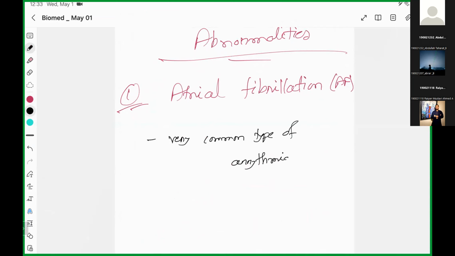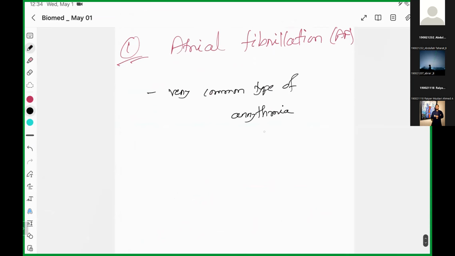What is arrhythmia? Arrhythmia means irregular rhythm, irregular heart rate or rhythm. Irregular heartbeat is called arrhythmia, and atrial fibrillation is a very common type of arrhythmia.